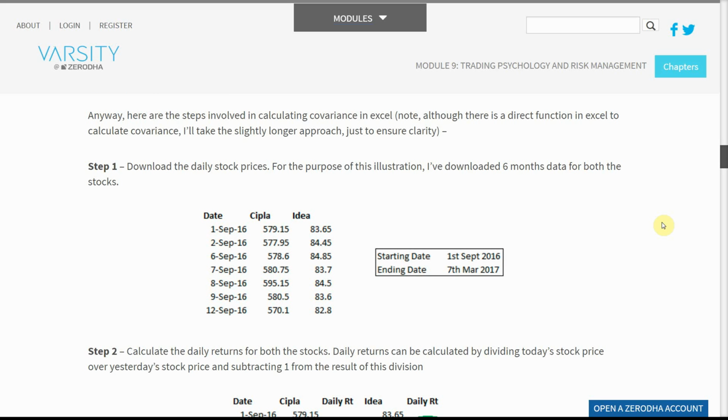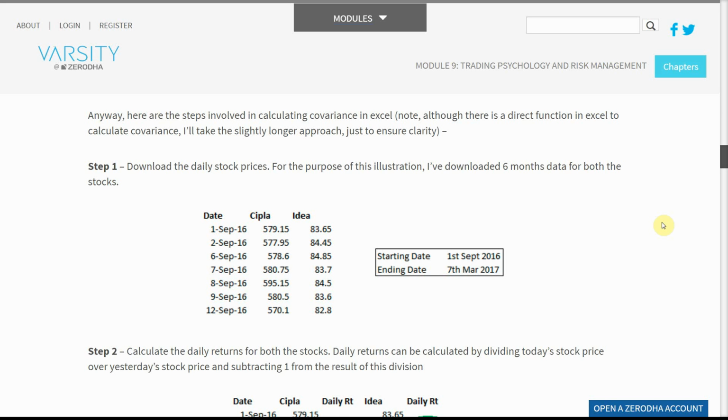Note: although there is a direct function in Excel to calculate covariance, I'll take the slightly longer approach, just to ensure clarity. Step 1: download the daily stock prices. For the purpose of this illustration, I've downloaded 6 months of data for both the stocks. Step 2: calculate the daily returns for both the stocks.